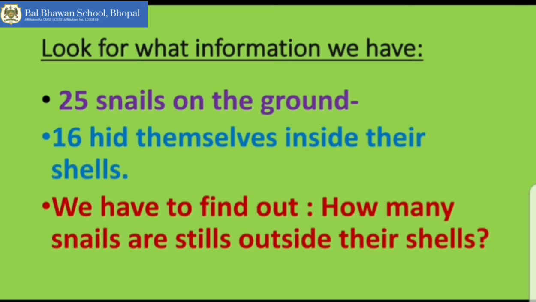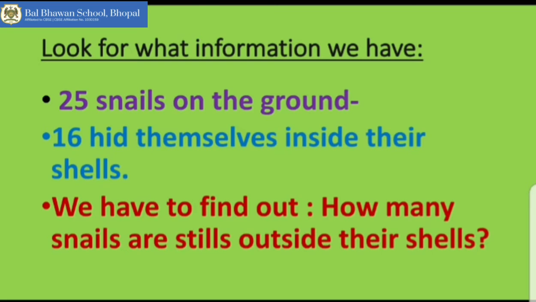Now first step, you have to look at what information is already given and what you have to find out. So what is already given? 25 snails, total 25 snails are there on the ground. And second, it is given that 16 snails hid themselves inside their shells. These values are already given.